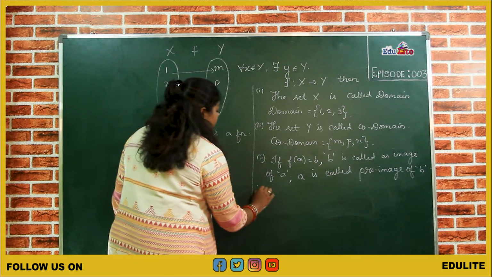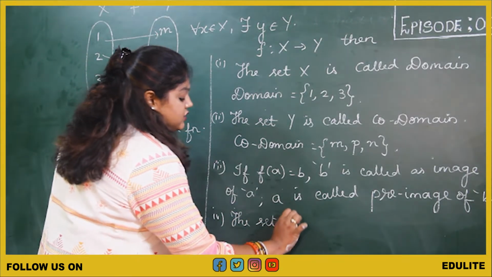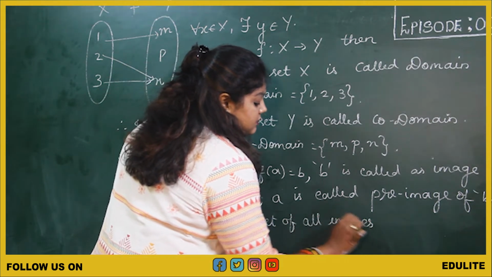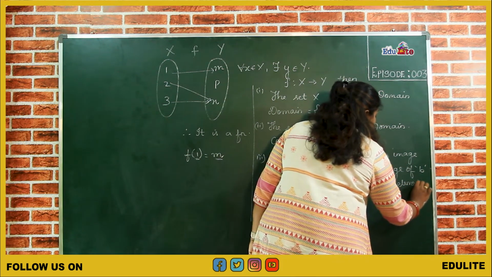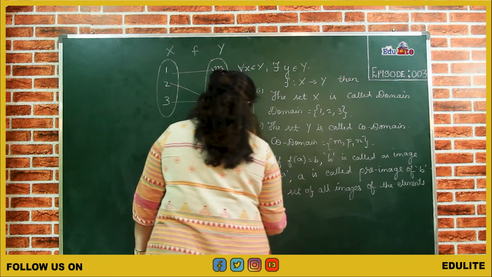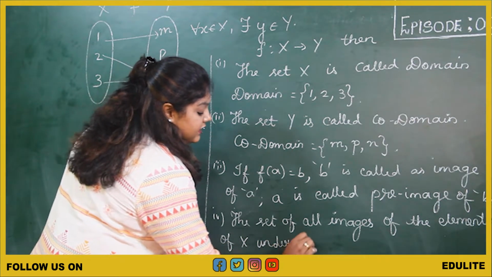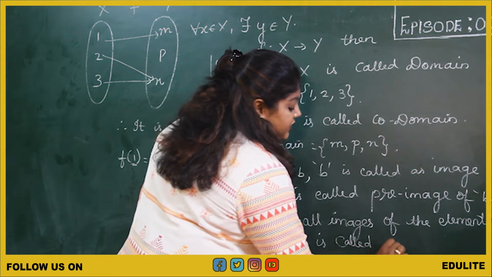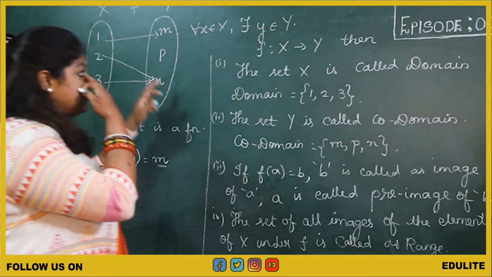And the fourth point in this is, the set of all images of the elements of X under f is called the range. So, we will write the range for this given problem.